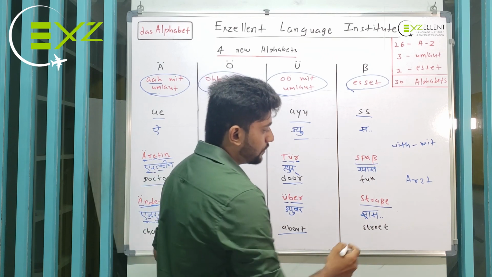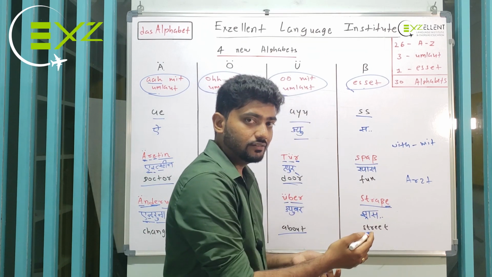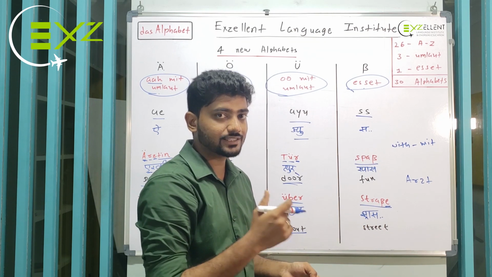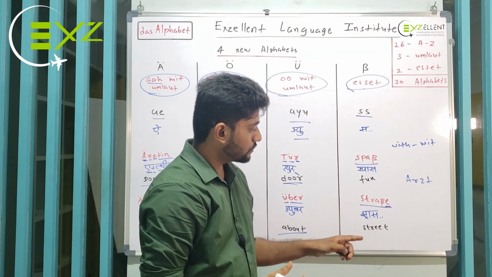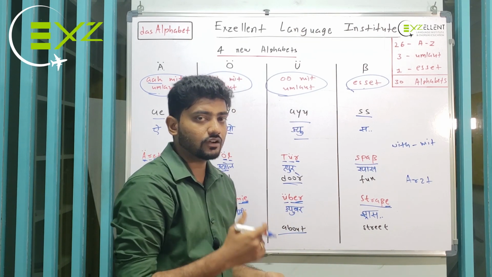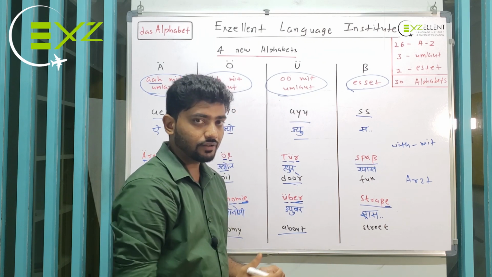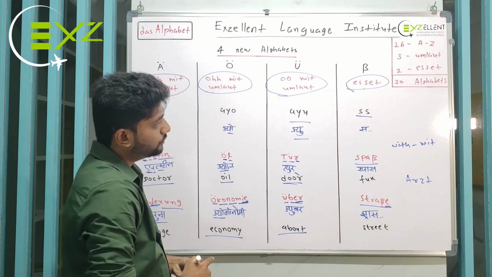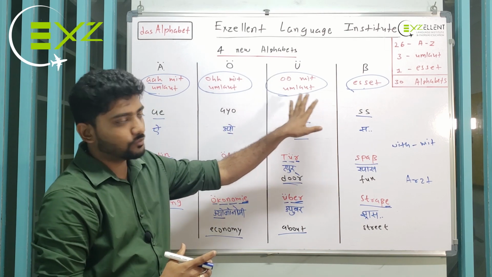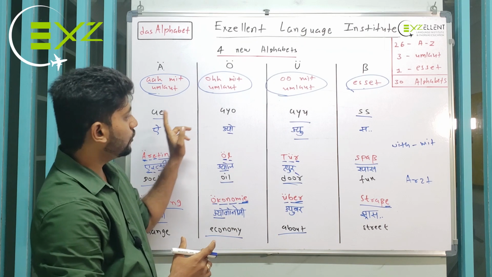We have talked about that e at the end we are going to pronounce like a. Straße. And here er at the end, we are going to pronounce like er. Über. So this is a mit umlaut, o mit umlaut, u mit umlaut, esset.